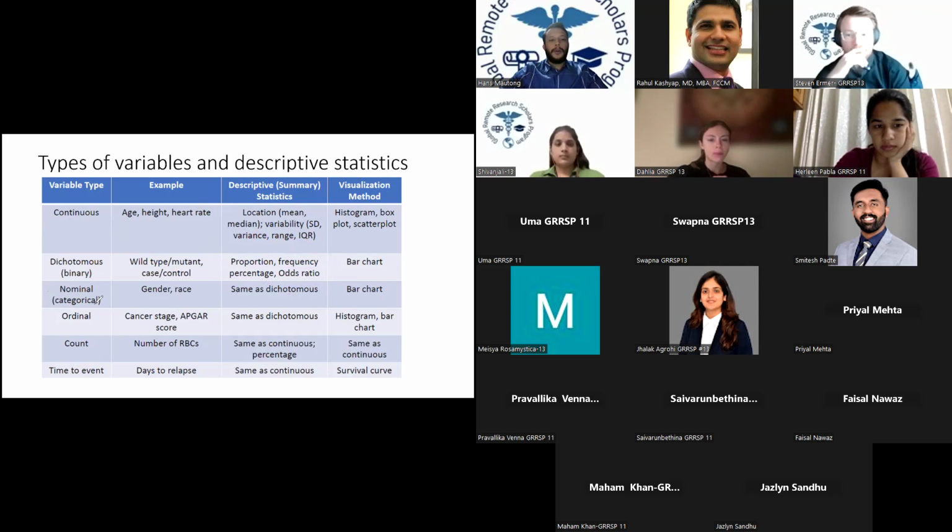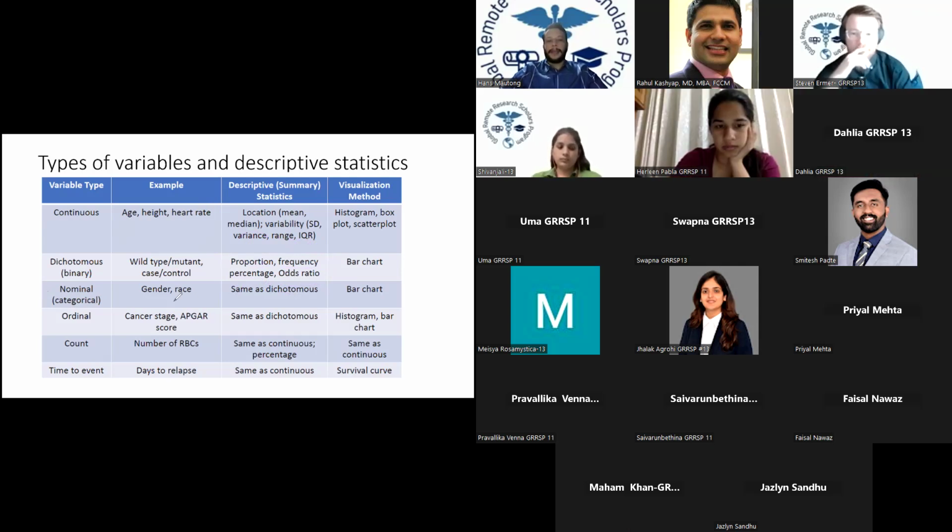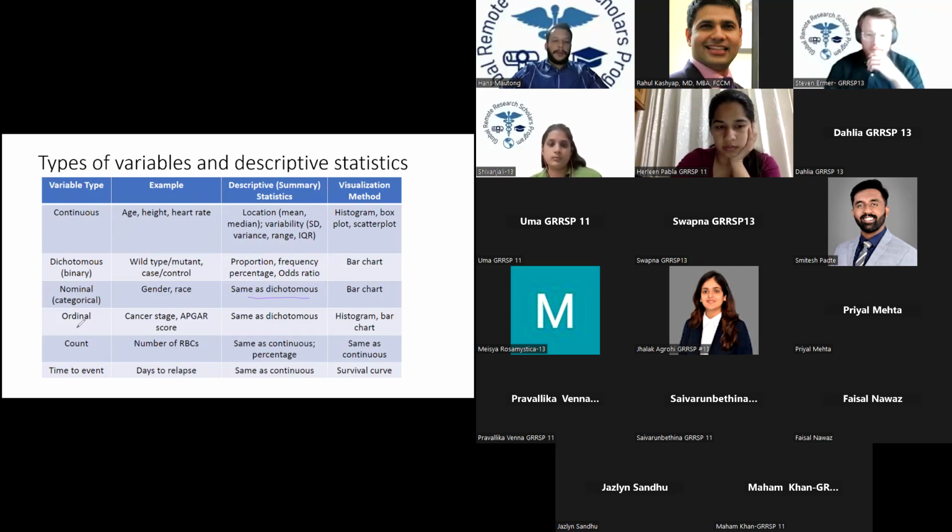And for nominal or categorical variables, which are gender, race, and so on, we use the same measures or descriptive tools as the dichotomous: basically proportions, percentages, frequencies. For ordinal data, which is a qualitative variable that has an actual order or hierarchy, we use the same as the dichotomous.